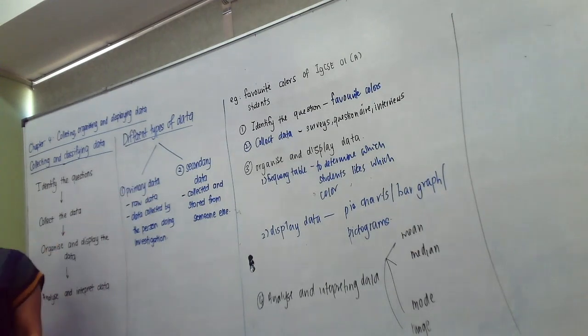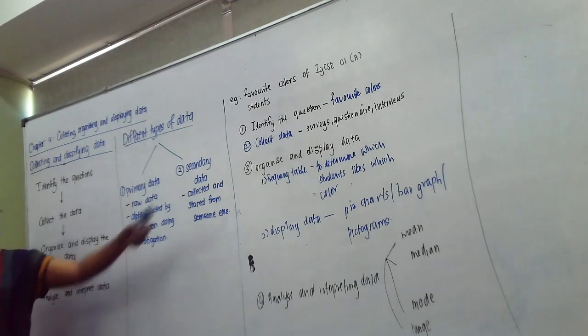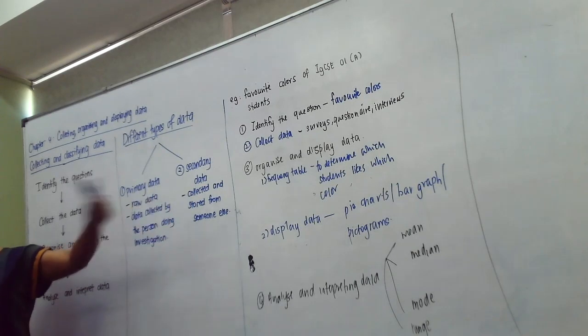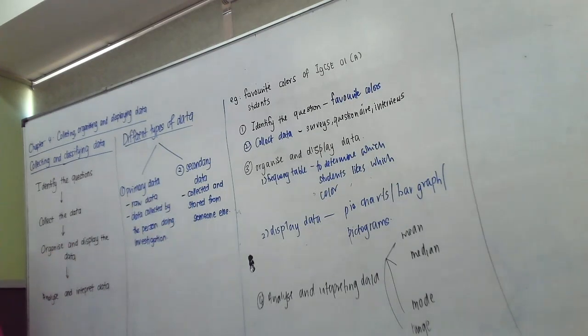Secondary data, you take the data from someone else. For example, Terence has already done an experiment before, and I'm doing the same experiment, so I will take his data as a reference and use it in my experiment. That is secondary data. Clear?